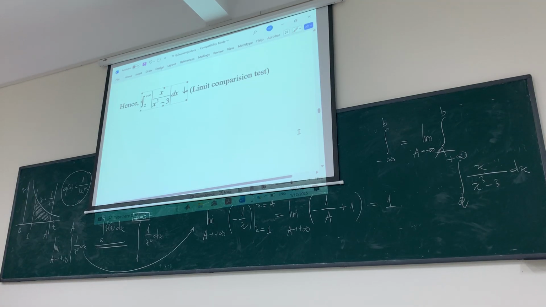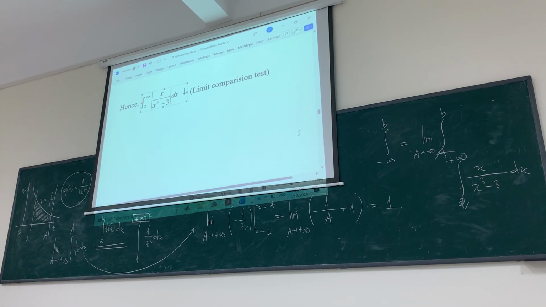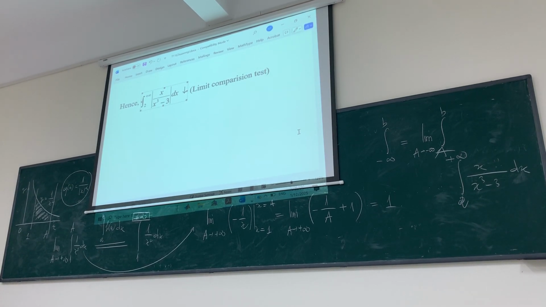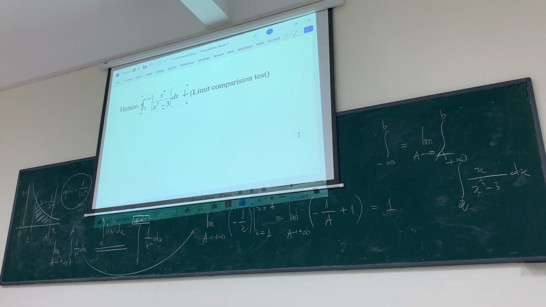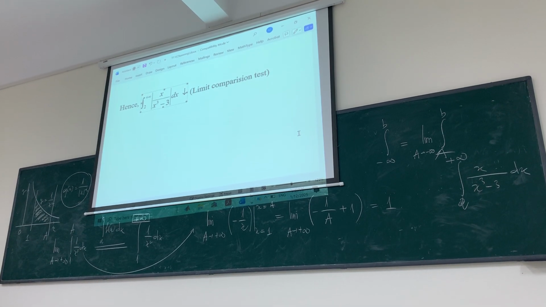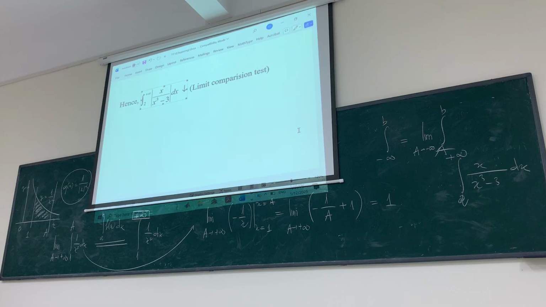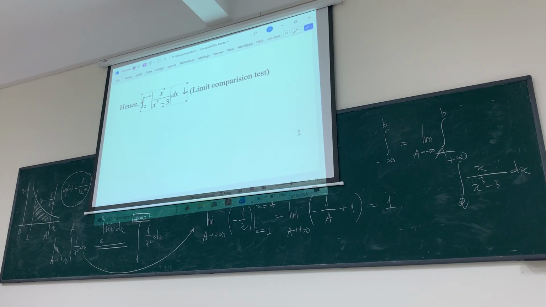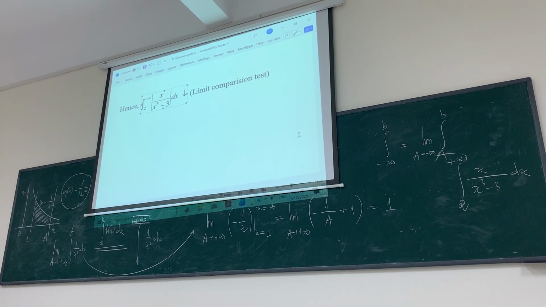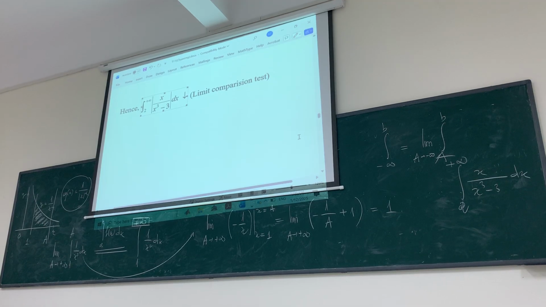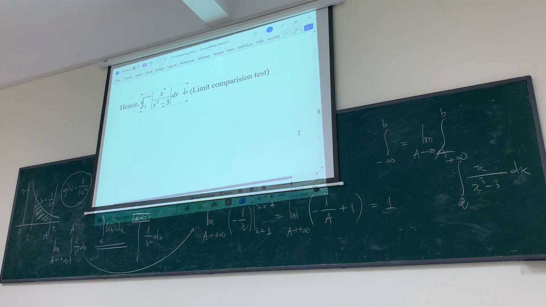To continue, we can use comparison test 1. Comparison test 1: if the greater integral converges, we can imply the smaller integral converges. That will be comparison test 1.